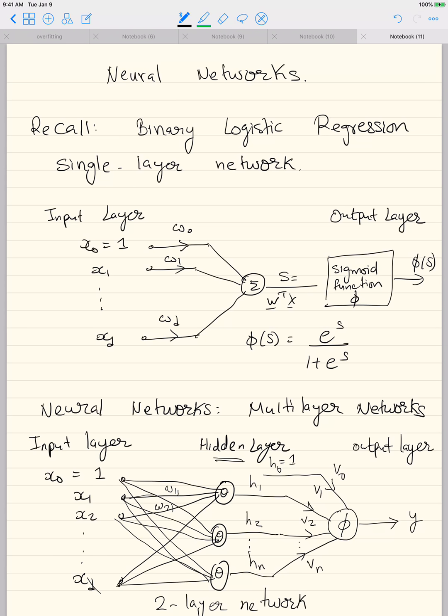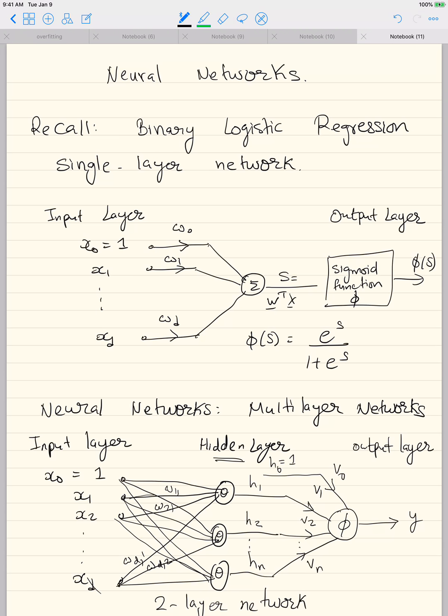So the weight between the ith node in the input layer and the jth node at the hidden layer is denoted by Wij. So this weight here will be WD1, this will be WD2, and so on.